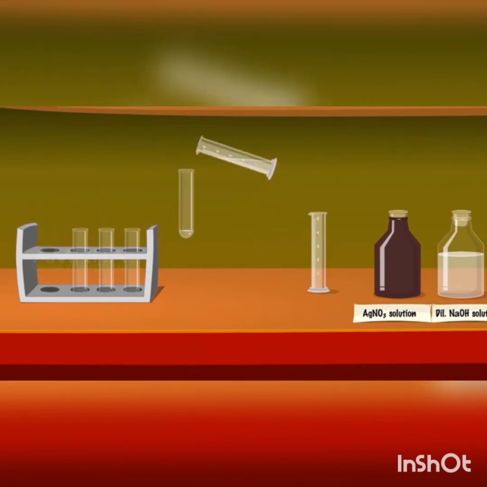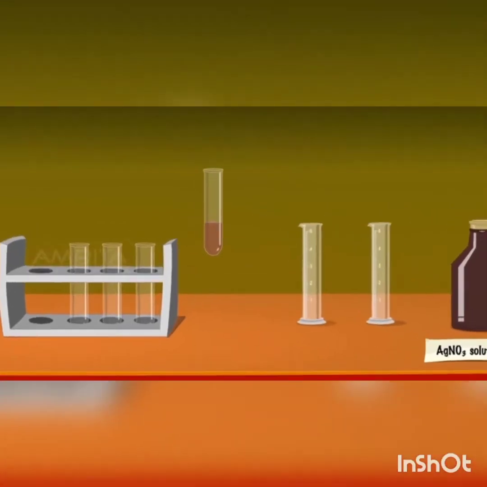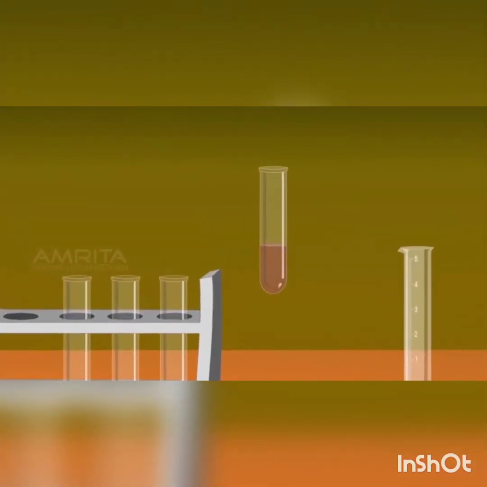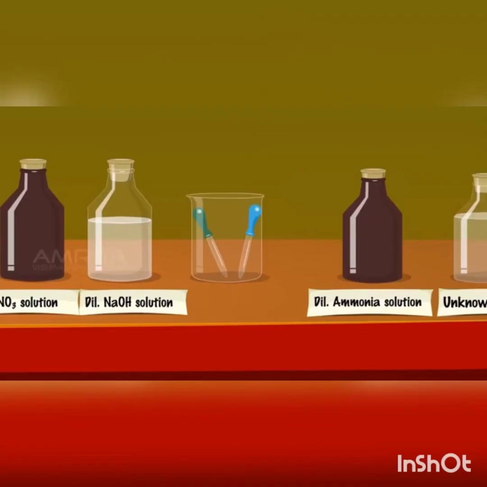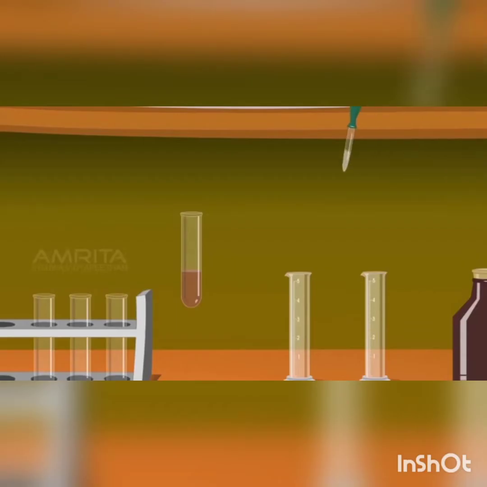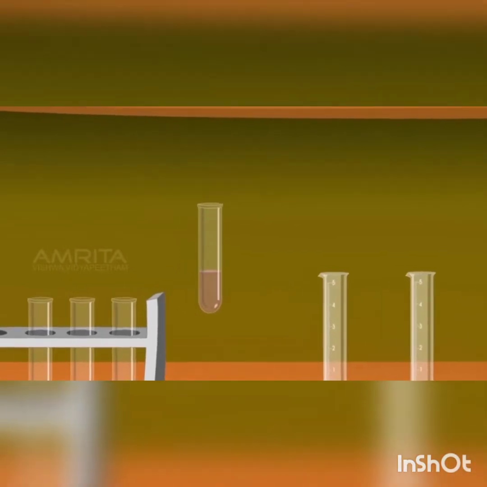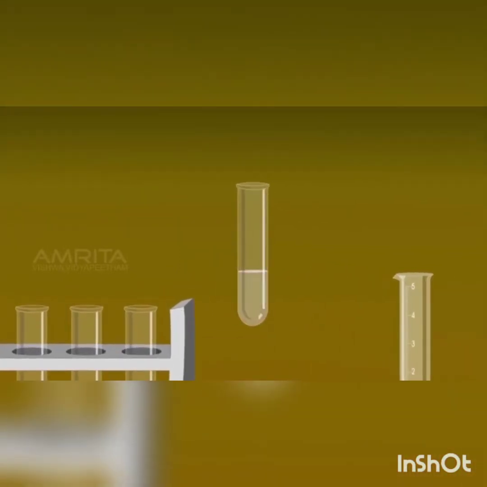Pour it into the same test tube. Silver nitrate reacts with sodium hydroxide to form brown precipitate of silver oxide. Take a dropper. Add dilute ammonia solution dropwise to the test tube. The precipitate will dissolve in the solution.